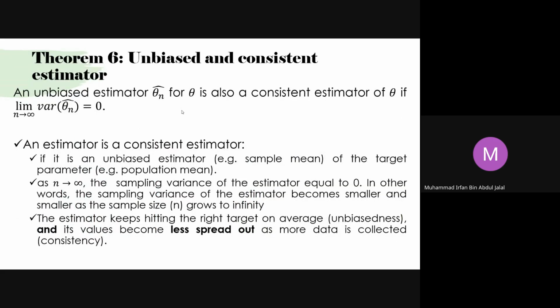So how can you investigate or determine that the estimator is consistent? As a summary, based on theorem 6 here, an unbiased estimator theta hat n for theta is also a consistent estimator of theta if the limit of the variance of the estimator approaches zero as the sample size grows large.